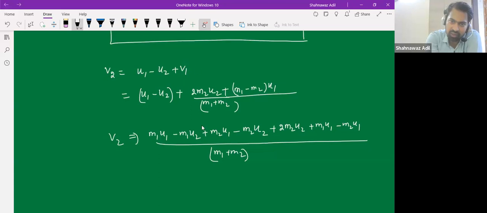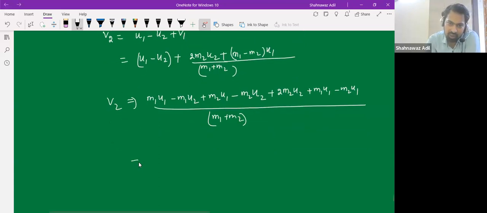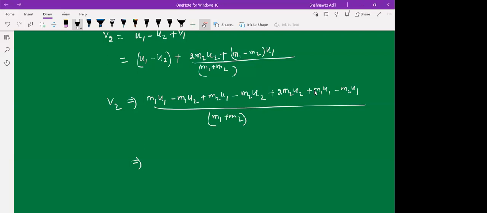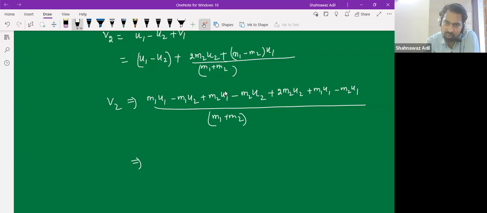Okay, so then what is cancelling? Why is there nothing cancelling? So M2 U2 and M2 U2, right? And then M1 U1. Do we have M1 U2? Do we write this much in the exam? Yeah, M2 U1, this much we have to write.